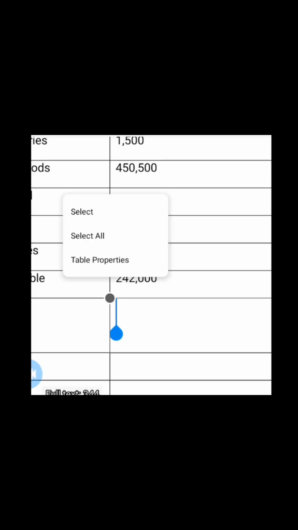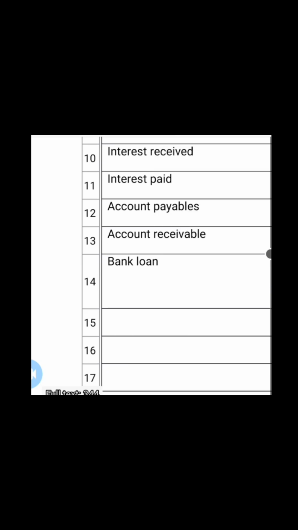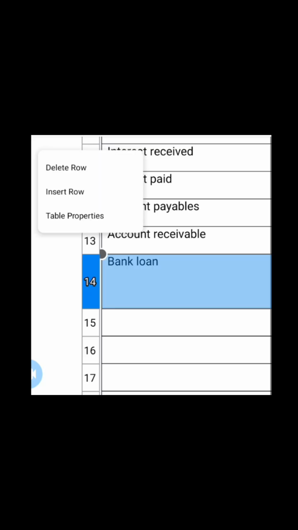And these debts are known as liabilities. So we have to credit the bank loan. Then we have the next account. This loan account, the space was big, and since I'm using WPS, it was actually disturbing.